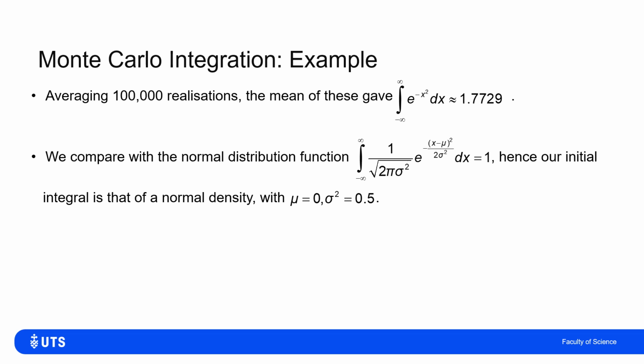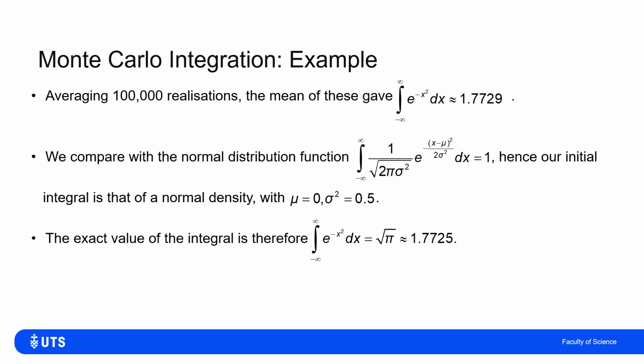If I take a normal distribution function, then, well, if I set mu is 0, then I'd have this e to the minus x squared over 2 sigma squared. So if I set 2 sigma squared to be 1, i.e. sigma squared to be a half, then effectively I'd know that the integral of 1 over the square root of pi, e to the minus x squared, integrated over the full real line, is 1, because any normal density function integrated over all values has to integrate to 1.